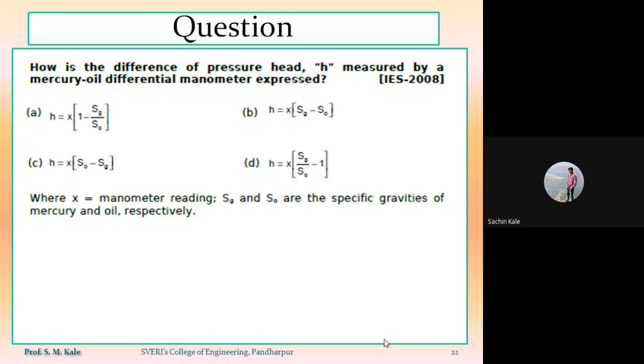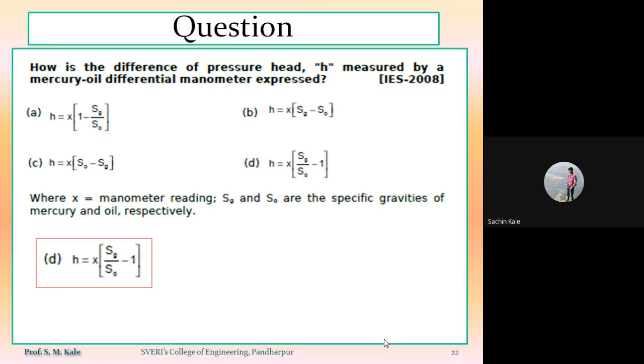That means mercury is the manometric fluid, and oil is the fluid passing through the pipe. So the manometric fluid is heavier than the fluid passing through the pipe. That's why option D is the correct answer: H is equal to x into specific gravity of the heavier fluid, mercury, divided by specific gravity of the fluid passing through the pipe, oil, minus 1.